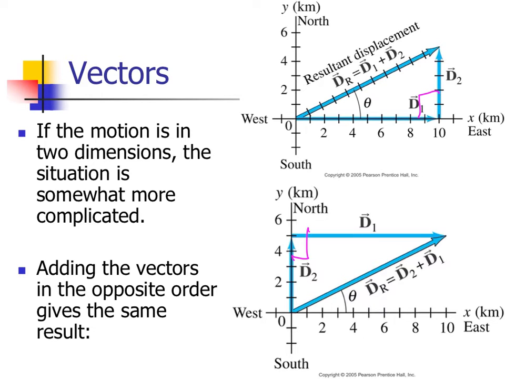Now, one of the other things that we have here is, how do we do a directional component of this? Well, a lot of times you're going to say that this angle here that we have is north of east.